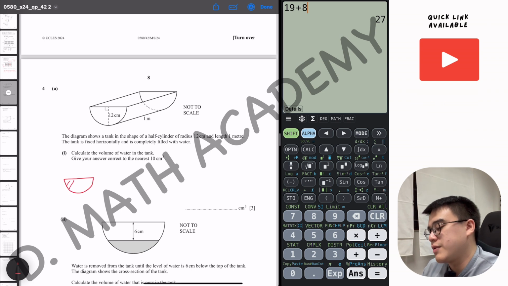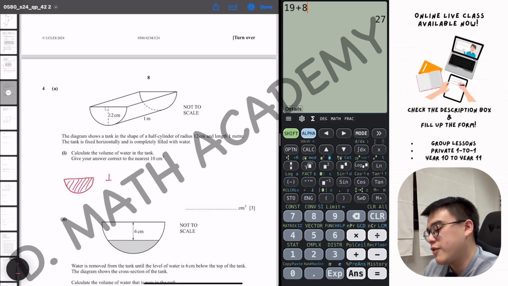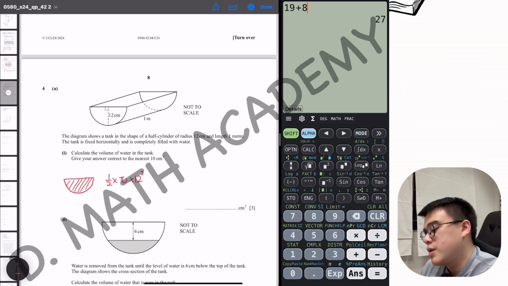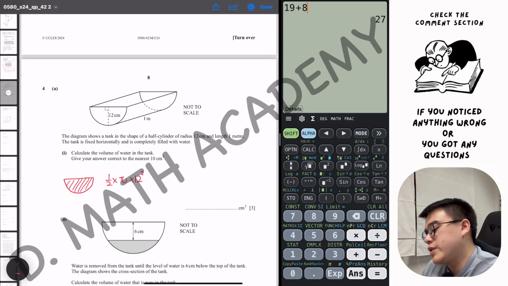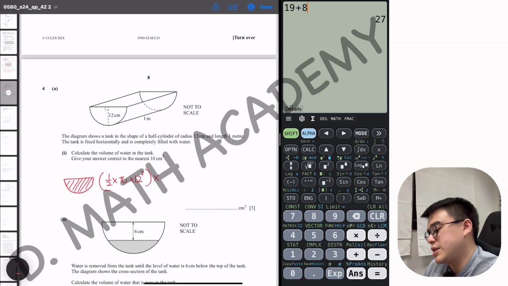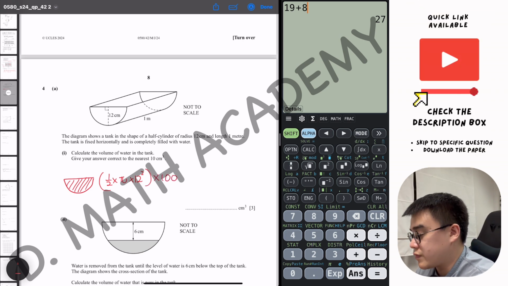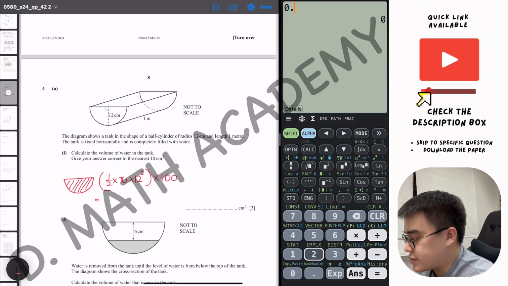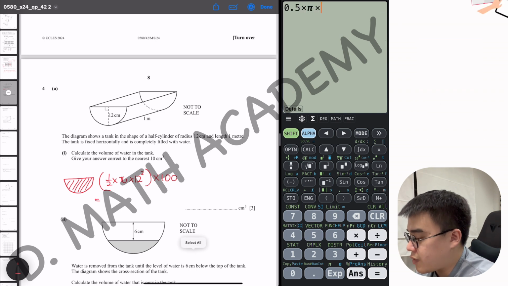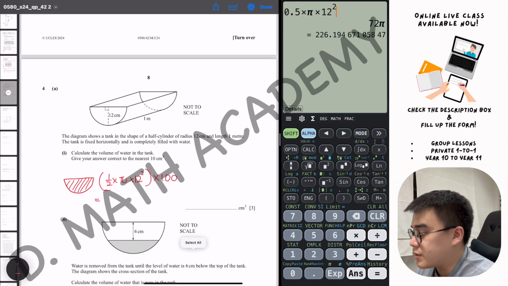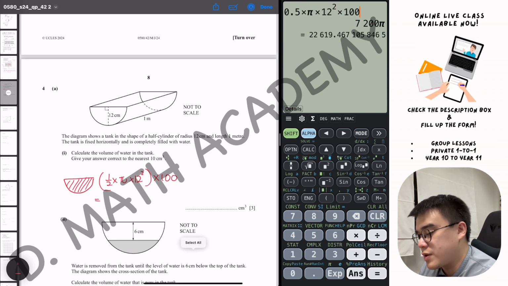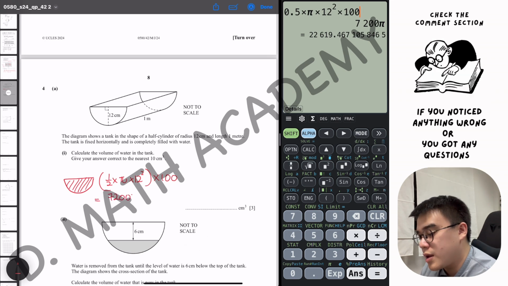This is a reminder that we will be using half pi r squared. The 1 meter is basically 100 cm. So just key in 0.5 times pi times 12 squared times 100. You'll be able to get your answer as 7,200 pi.